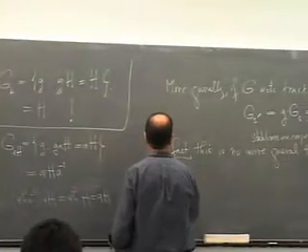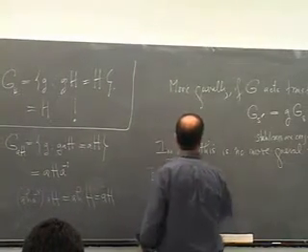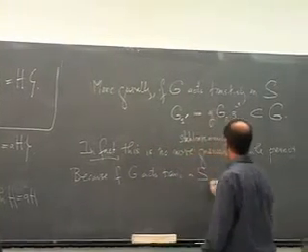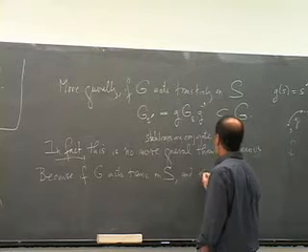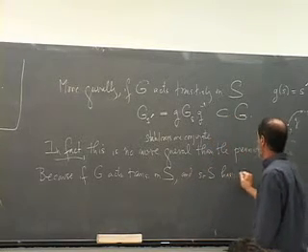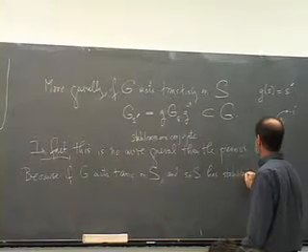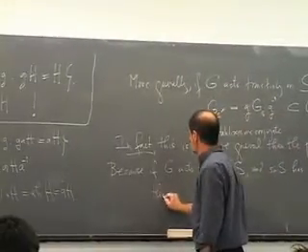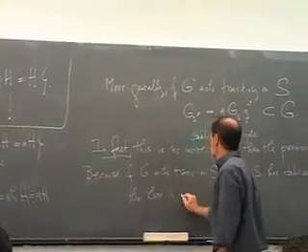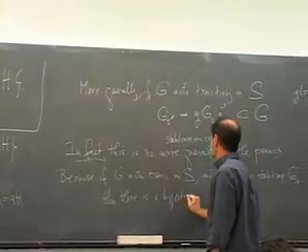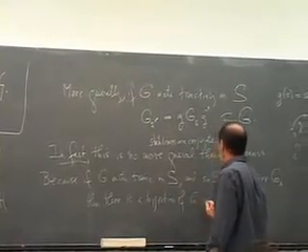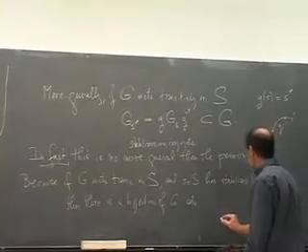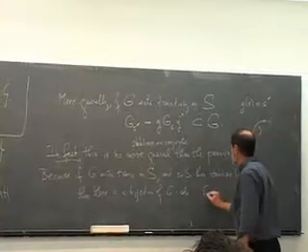Because if G acts transitively on S, and a point S in S has stabilizer G sub S, then there is a bijection of G-sets, so sets with a G action, the things that we're looking at now, between S and the cosets of G_S.